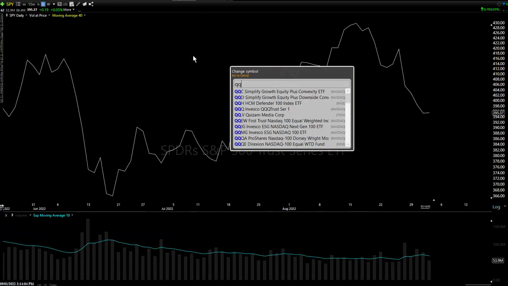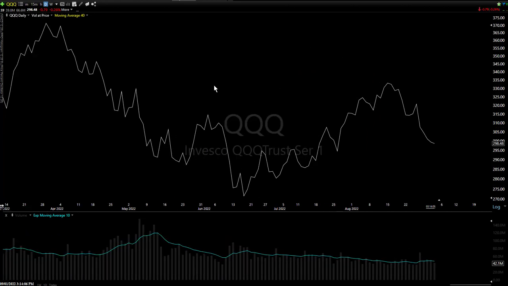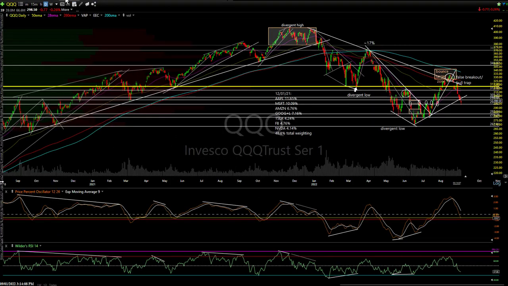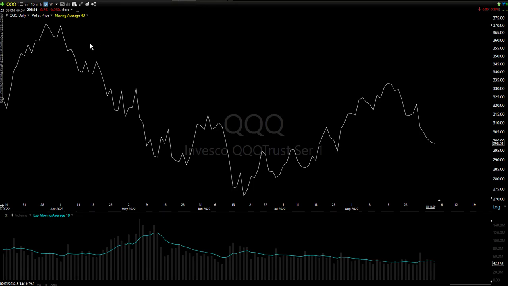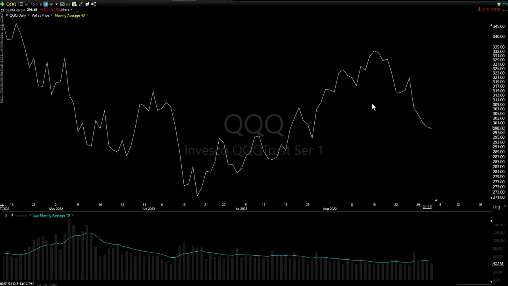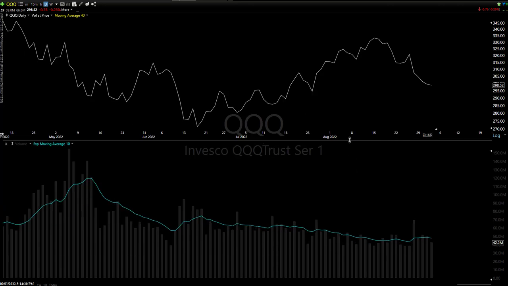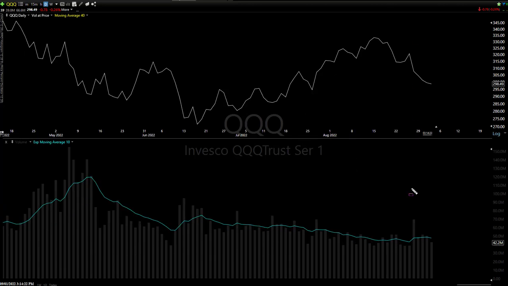So on QQQ, here's one thing I look at. So let's go to a daily chart here. Okay, so here's the drop recently. I'm just using a line chart, just to show you. We've been following on QQQ, and let's look at the volume. So, almost always, just about every time you have a correction, the stock market volume is going to pick up.